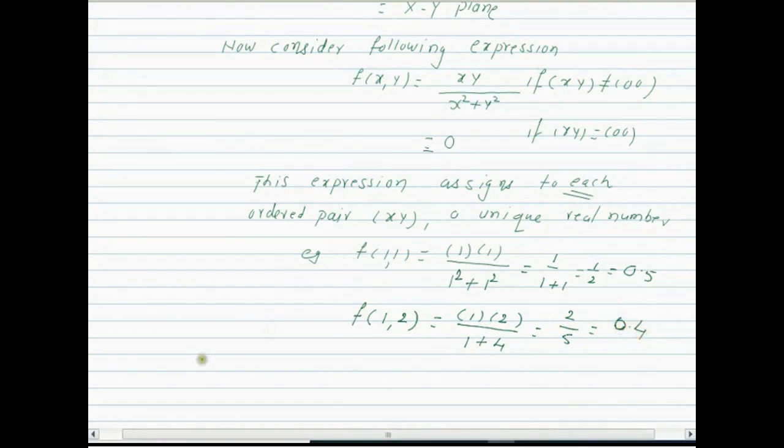So what does it do for each ordered pair (x, y)? This expression or relation associates, or assigns, a unique real number.